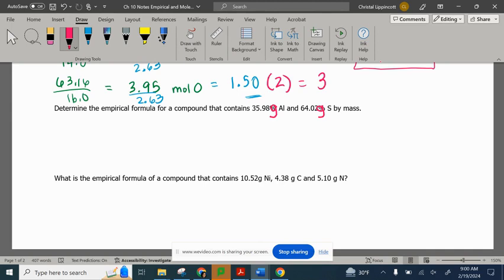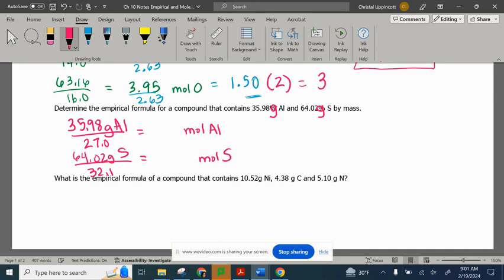I'm going to take those gram values and turn them into moles. So 35.98 grams of aluminum, I'm going to divide that by 27, and that's going to give me moles of aluminum. And then 64.02 grams of sulfur divided by 32.1 is going to give me my moles of sulfur.